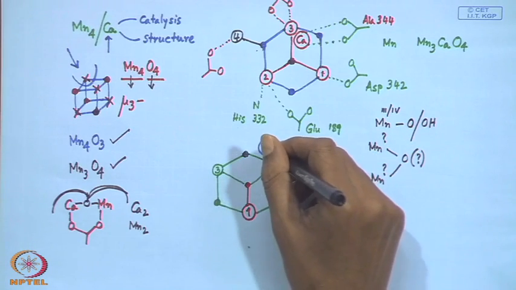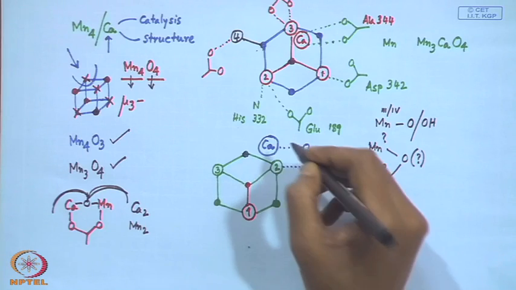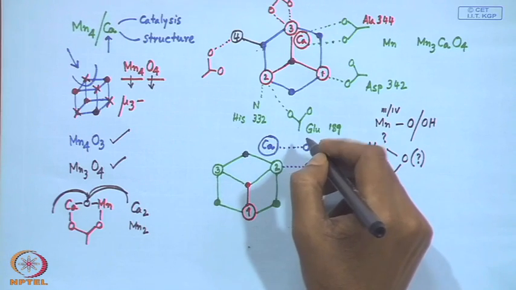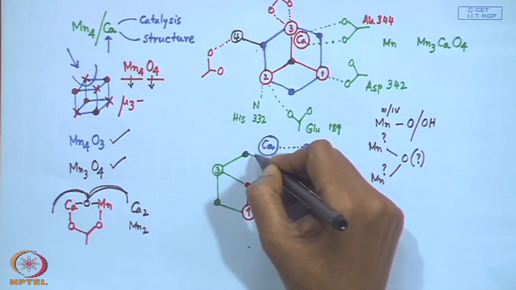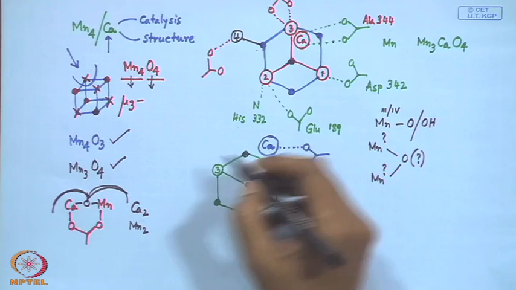But if you go for a main group element or a non-transition element like zinc, it has no crystal field stabilization, it has no special preference for coordination geometry.